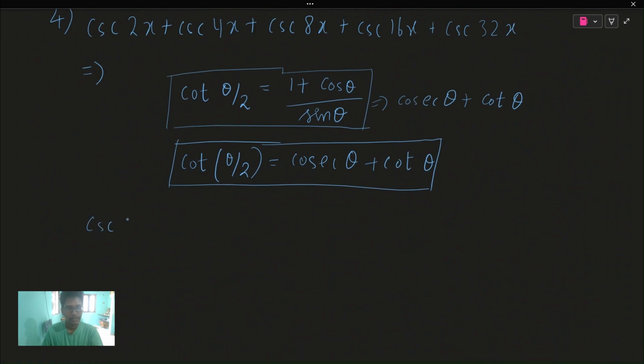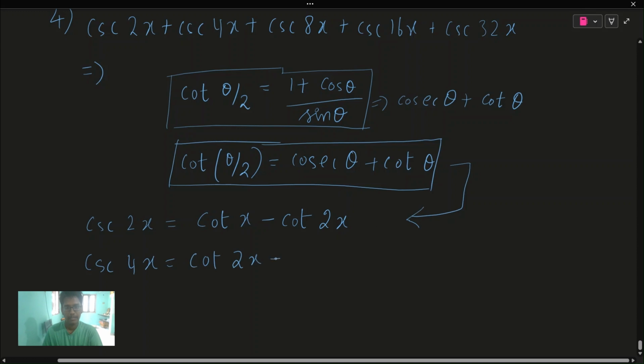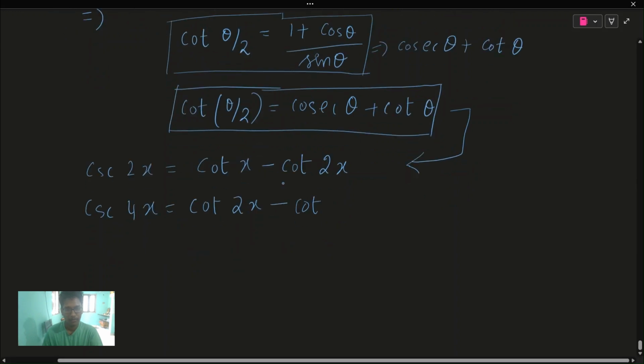Cosecant 2x can be written as cot x minus cot 2x, correct, from this equation. And cosecant 4x can be written as cot 2x minus cot 4x.